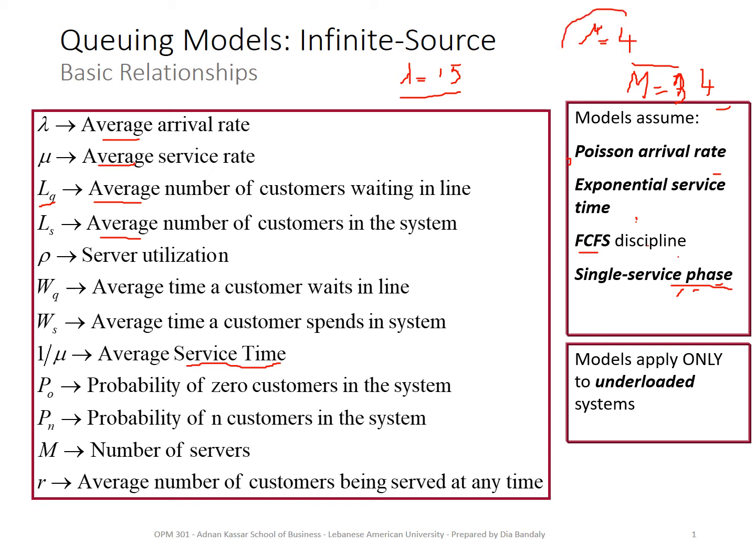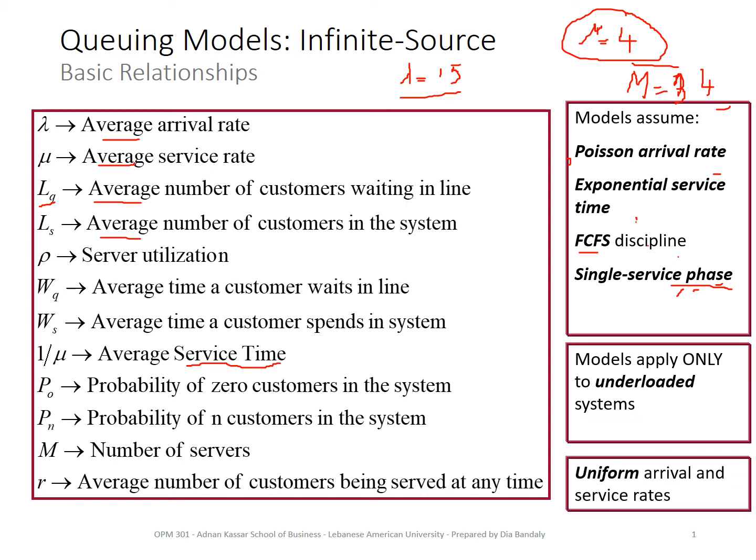If mu per server is given as 4, then my total capacity will be 4 times 4, 16, which is greater than 15. Then my system is underloaded and I can study it. Finally, the arrival and service rate should be uniform. They cannot change with time. All right, so this is an assumption. You don't need to worry about that because these will be embedded in the models that we're going to learn.